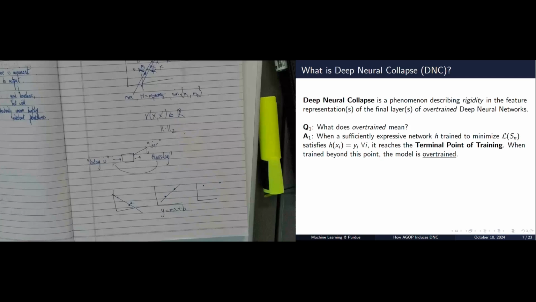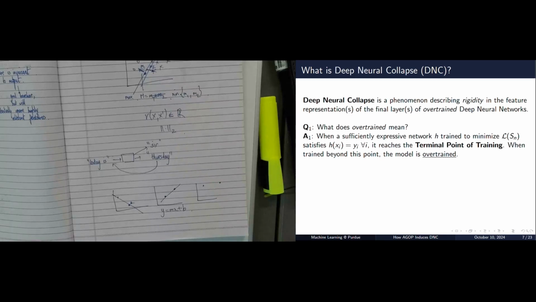Now there are two things that are semi-confusing. The first is rigidity. How do you define rigidity in a quantifiable way? And overtrained. We will first talk about overtrained. Overtrained means that you have a sufficiently expressive network, right?